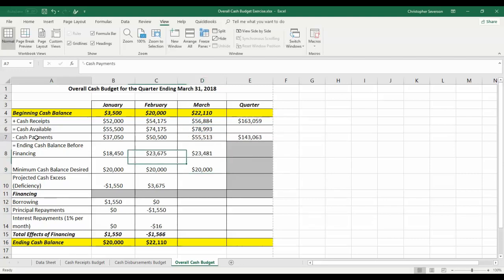Now, by the way, I do want to mention something here. With the cash payments, you may ask, why aren't these negative? And we put it in the label that we're subtracting these amounts out. So from our cash disbursements budget, they were considered positive amounts because we know in that budget we were looking for what are we actually paying, which we're paying a positive amount to somebody.